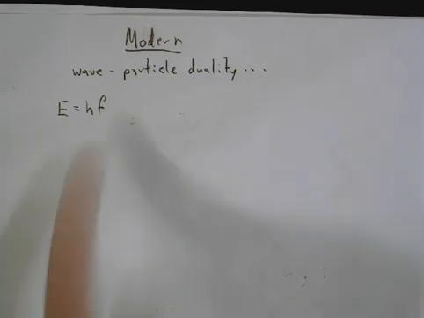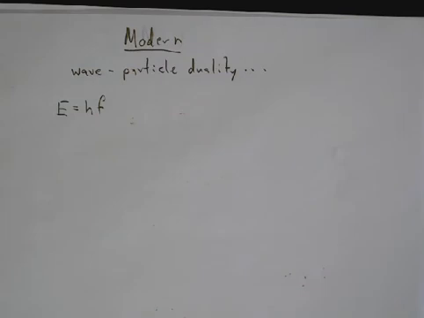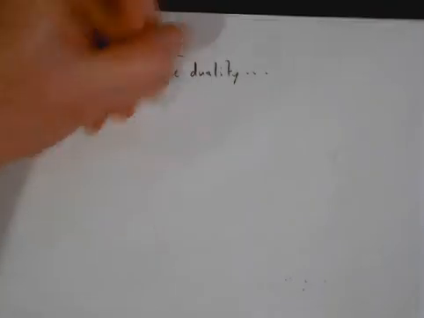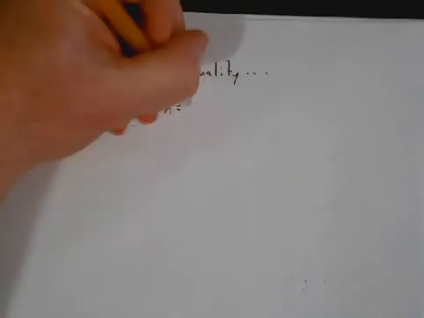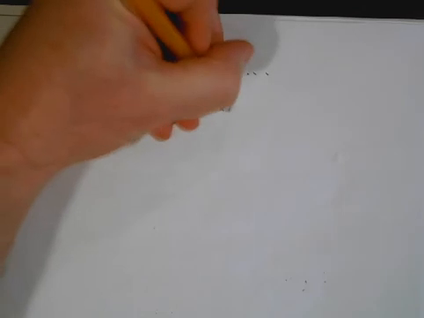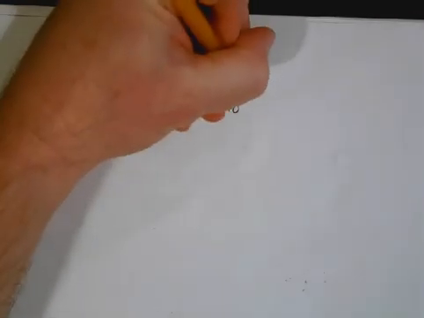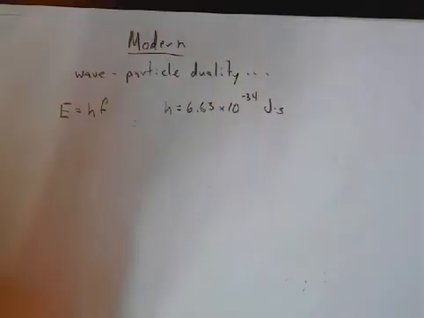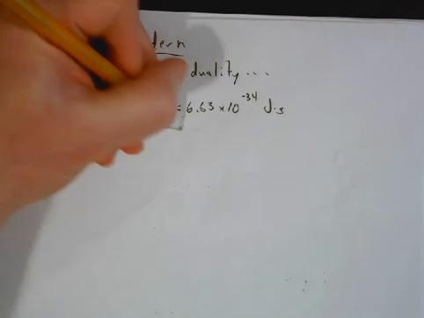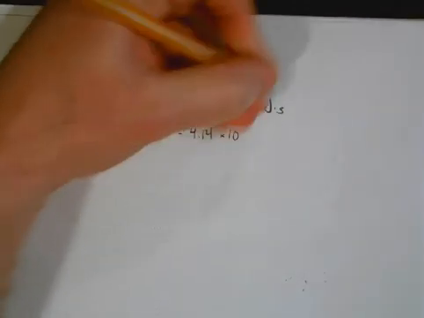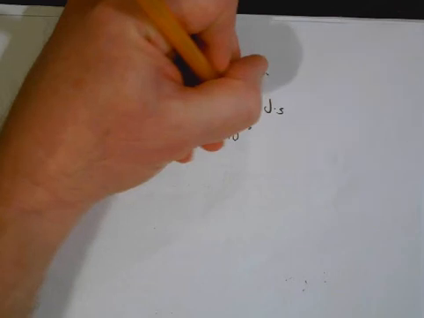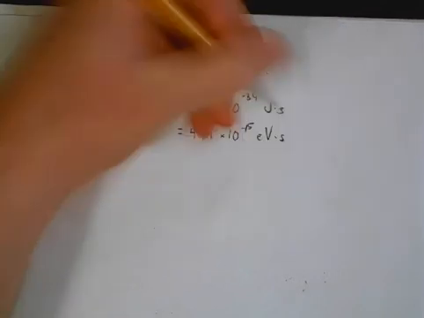Okay, but this is Max Planck's equation here, and then just remember Planck's constant is h, and this is on your formula sheet, but just look it up. 6.63 times 10 to the minus 34, and this would be joule seconds, or it's 4.14 times 10 to the minus 15 electron volt seconds.